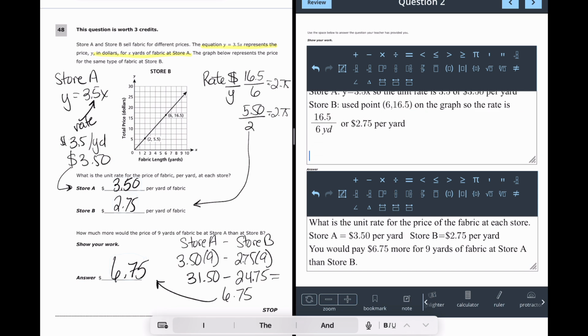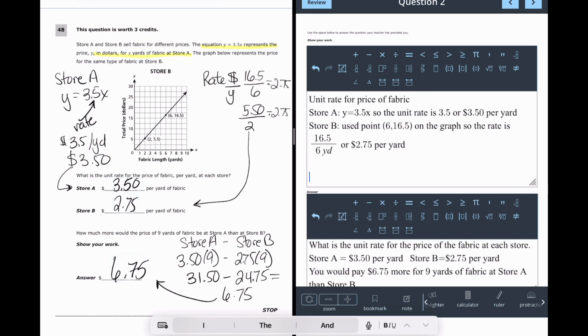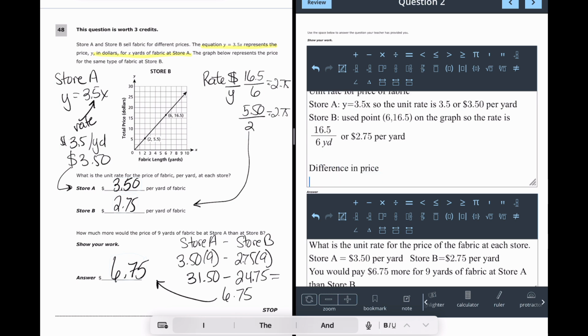So I did that part, and now I'm going to go to the next part over here. Difference in price. Store A minus store B for 9 yards of fabric. I forgot the little e here. Alright, so let's go to our last little part.